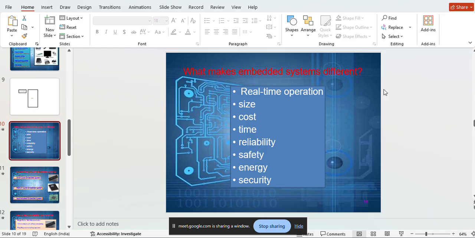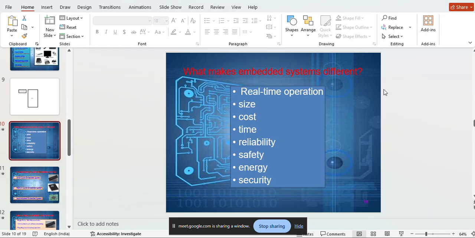Then energy. These small devices consume less energy, not more. They need very little energy. We can power the microcontrollers using a small battery, either 9 volts, 5 volts or 12 volts, and connect it to the microcontroller.